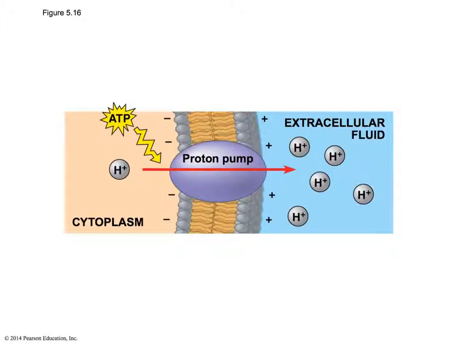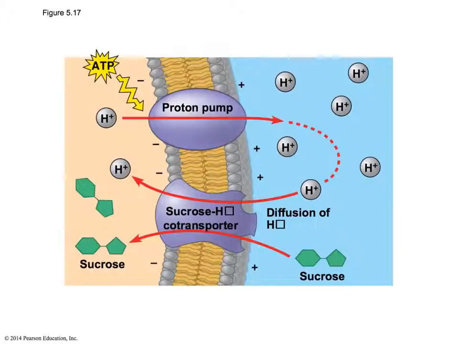An example of this is co-transport. So this is a way of getting things inside the cell without utilizing ATP directly. So we produce the concentration gradient of protons on the outside of the cell by utilizing ATP. Now, based upon diffusion principles, that proton wants to move back across the membrane.